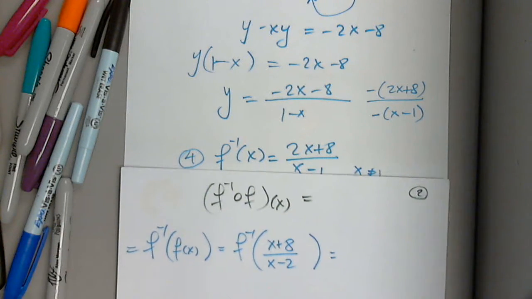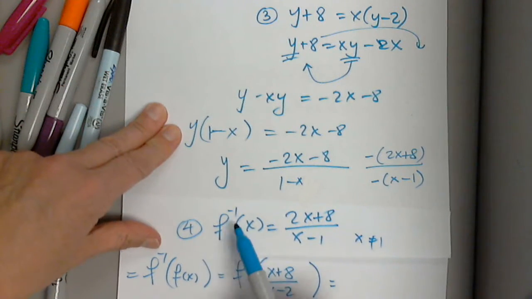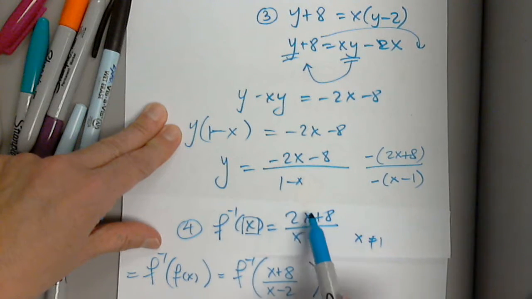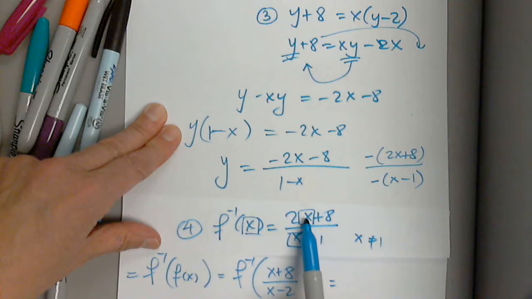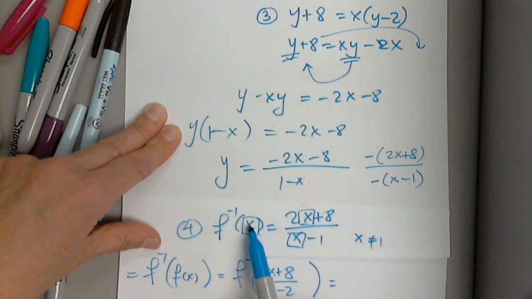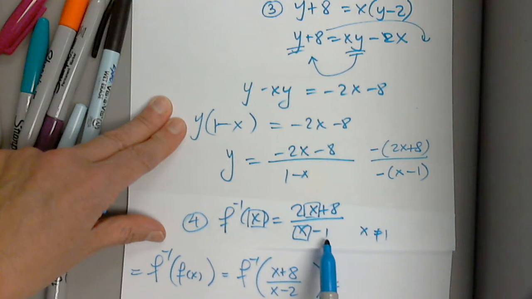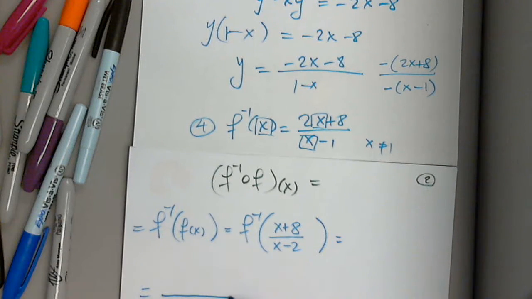Now I go back to f inverse. Look at what f inverse says. f inverse says 2 times whatever you have in here, plus 8, over whatever you have in here, minus 1. So, please dictate, anyone.